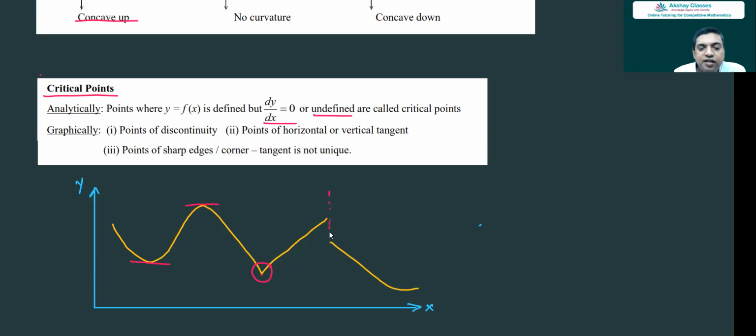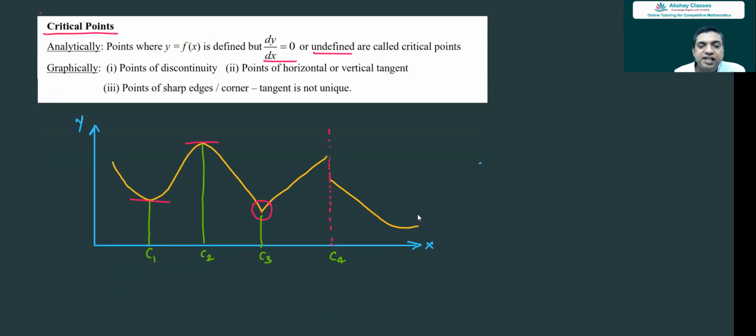And the point where there is discontinuity. This also, so these are the critical points. I'll change the color. Critical point 1, critical point 2, critical point 3, critical point 4. Like this. So these are the critical points.